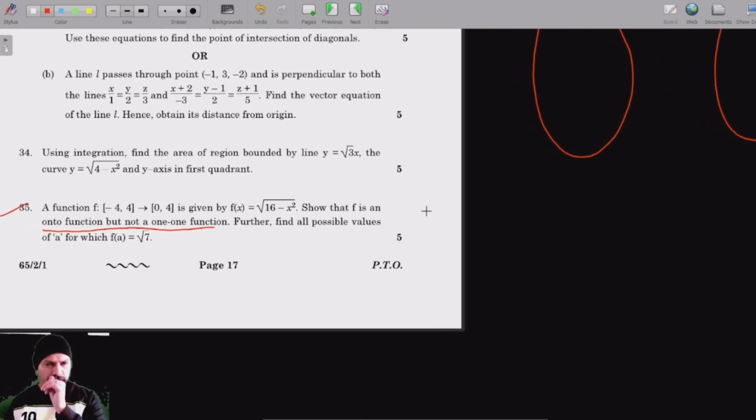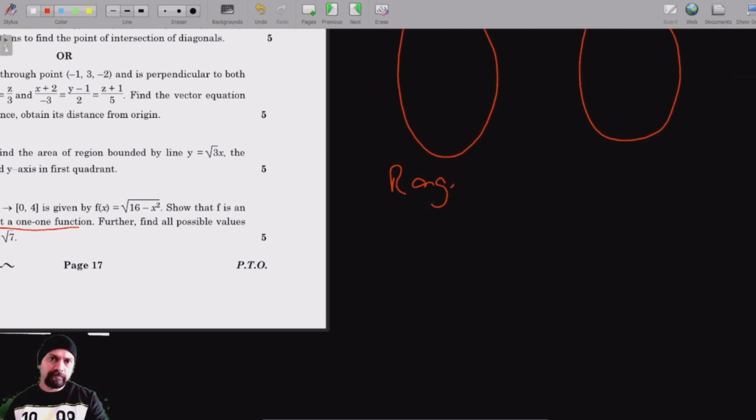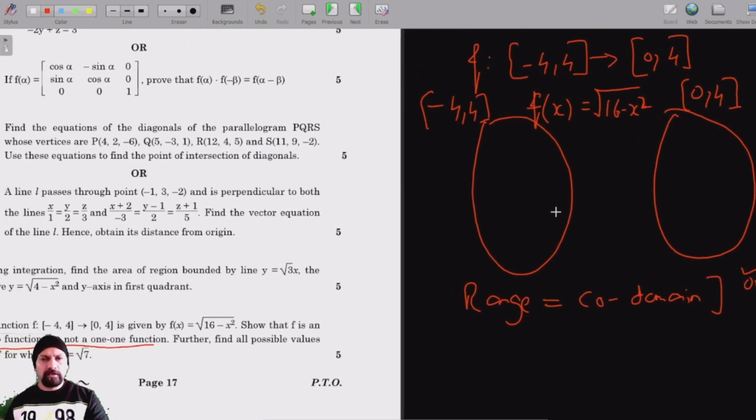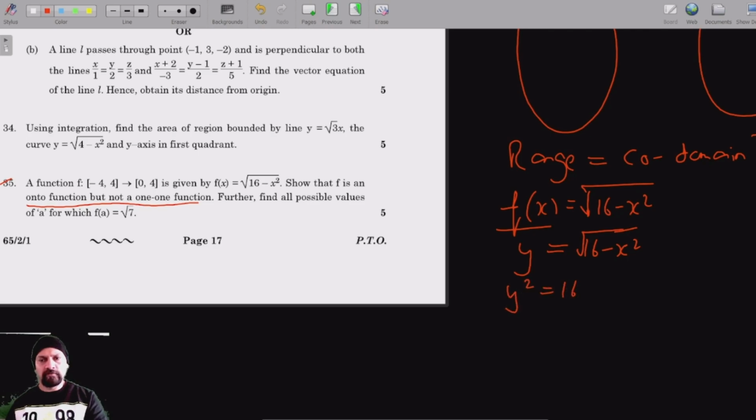So a function is an onto function when range is equal to codomain. Okay, now here it's given that f of x is equal to root of 16 minus x squared. f of x means the output y, root of 16 minus x squared, and y square is equal to 16 minus x squared.